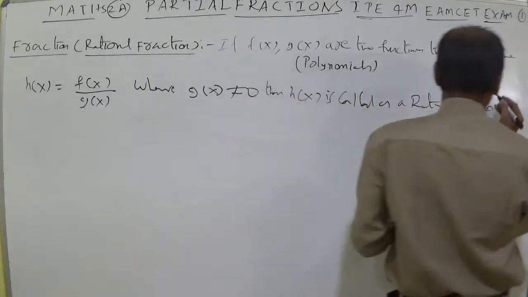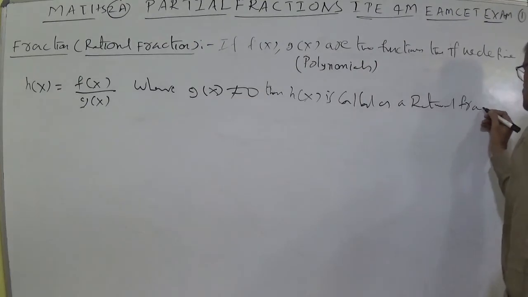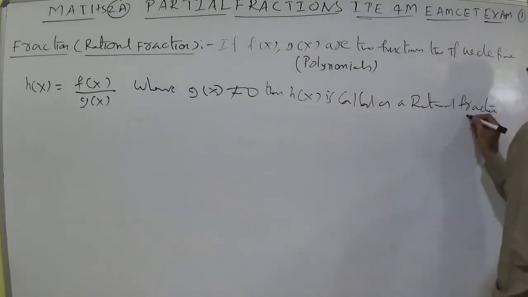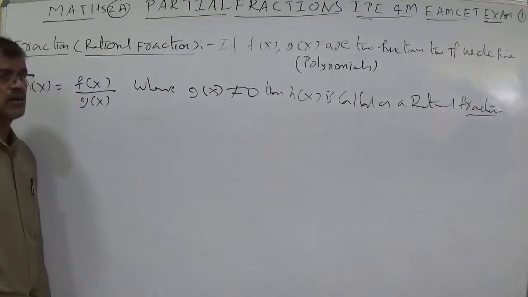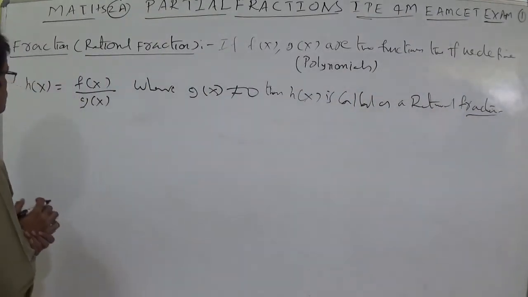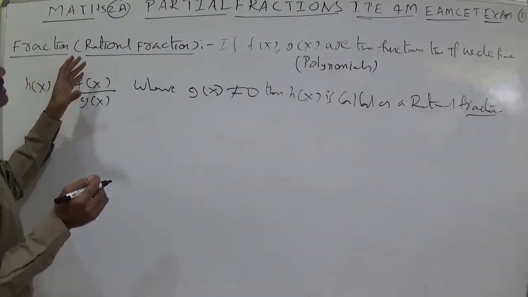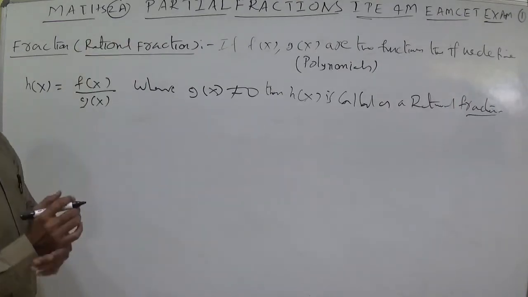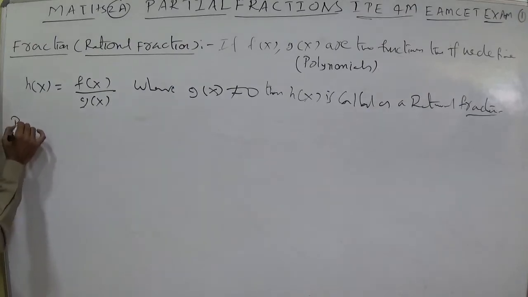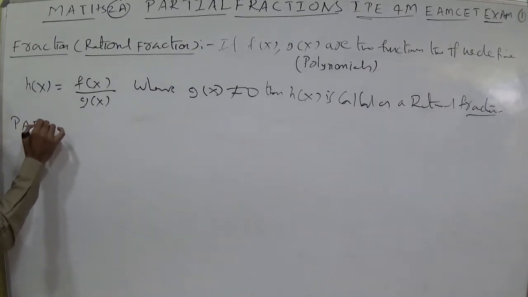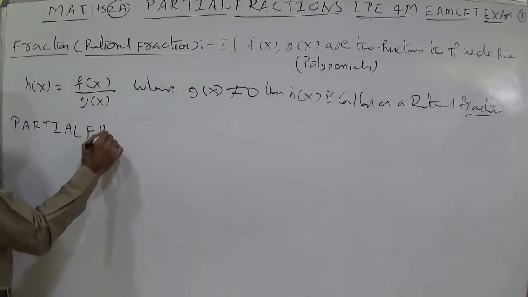Here you don't write function because you are discussing fractions. Rational fraction, rational function is also okay, but you write the definition here as fraction, rational fraction. Depending upon the rational fraction concept, now we are going to discuss partial fractions. Now I am writing the definition, partial fraction.